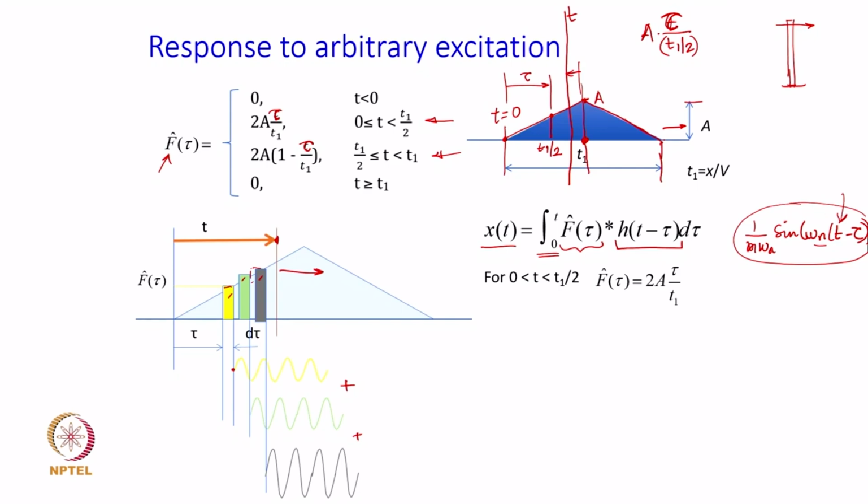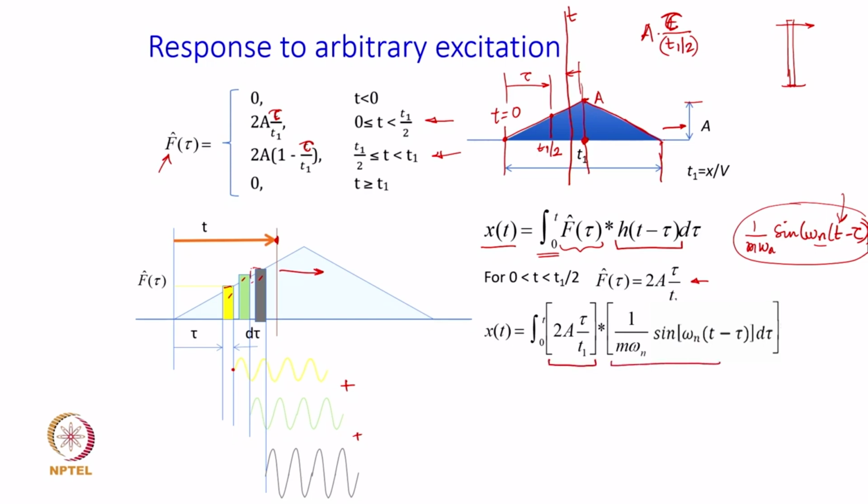Now, obviously F cap tau equal to 2a tau over t1 should apply, and therefore, if I substitute for F cap tau in this expression, this is how F cap tau gets replaced, and the unit impulse response function as we have been using will take the place of h of t minus tau. And now, what you can notice is that the integration variable tau is appearing in two different terms. So, you will have to solve this by integration by parts. That exercise is pretty straightforward, you can do that.